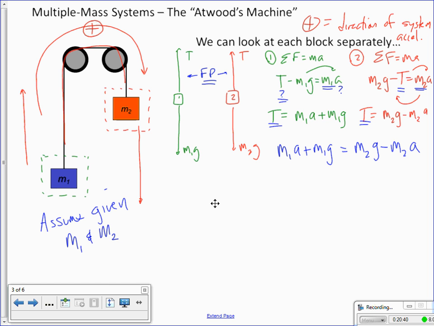The only unknown here, assuming we know m1 and m2, is the acceleration of the system. Well, let's find it. I'm going to put all the a's on the same side, and I'm going to move everything that doesn't have an a over there. m1a plus m2a equals m2g minus m1g.